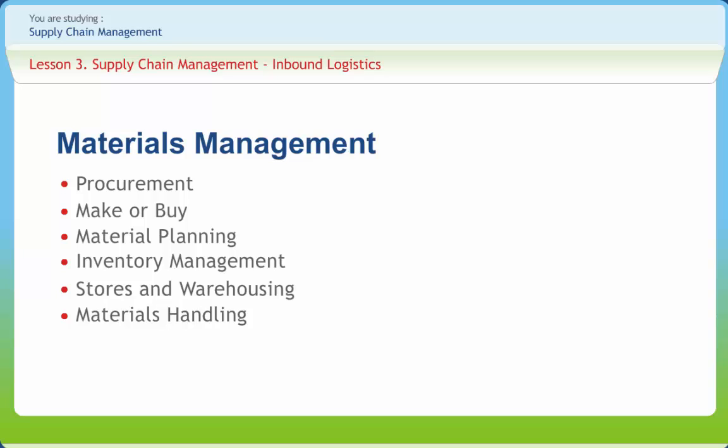Material planning includes product line specific planning, facility location, network design, etc. Inventory management comprises issues like how much to stock where, trigger points, replenishment, etc. Stores and warehousing includes aspects like storage layout, order processing, receiving, break bulk, pick, pack and ship, and what to stock and where. Materials handling deals with issues like how to move product, packaging, containerization, and so on.